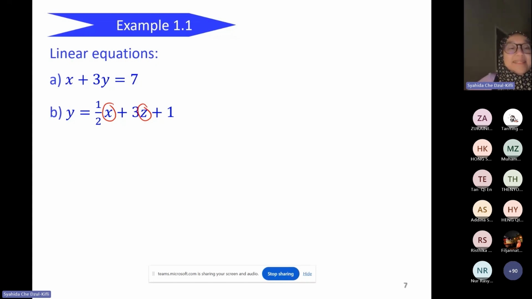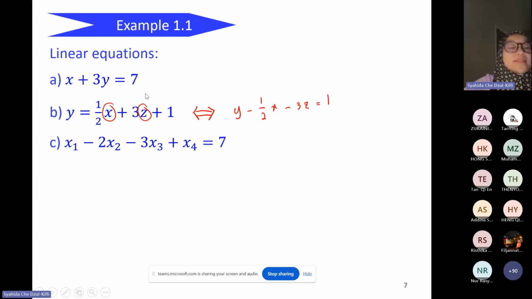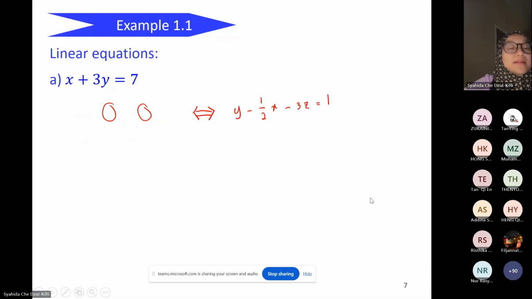However, this equation is equivalent with y minus z equals to 1, right? So this equation and these equations are equivalent.